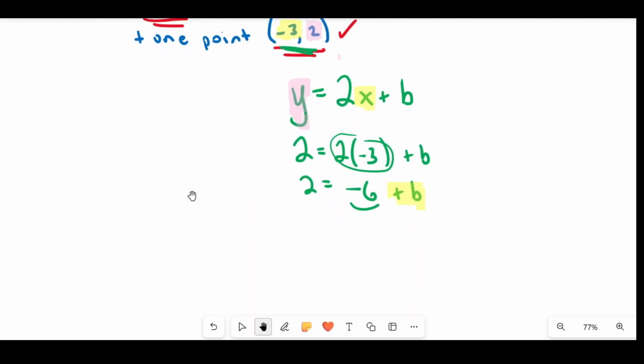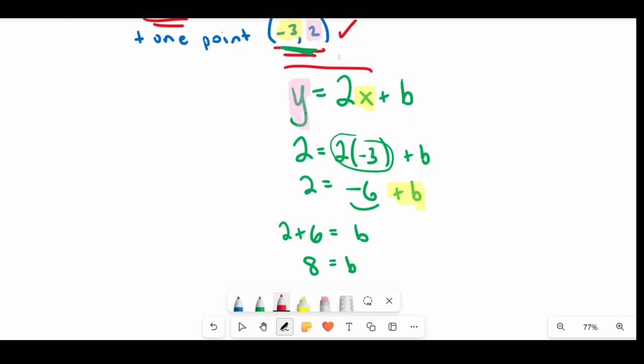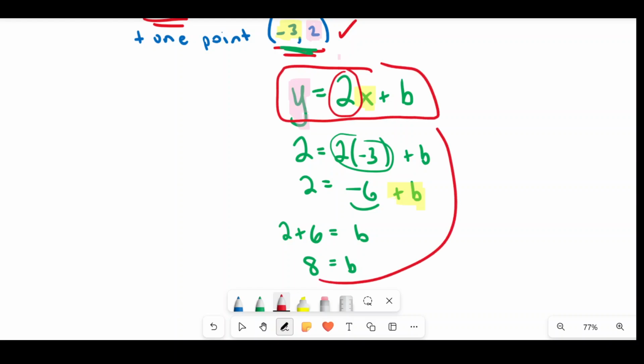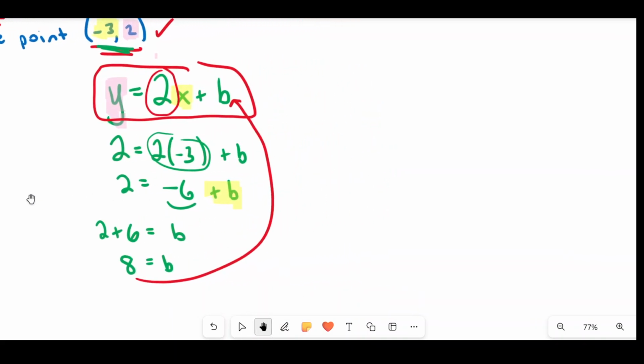And of course, if I subtract by 6, to remove it, I'm going to add 6. So 2 plus 6 equals b. B equals 8. So now, if you look back at where we started this algebra process up here, we used to only know the slope, but now we also know the b value. So we can write the equation of this line in slope-intercept form. So the equation of this line is y equals 2x plus 8.